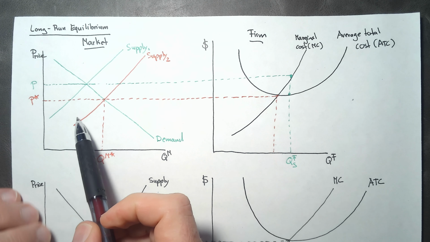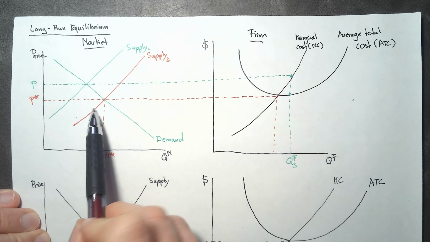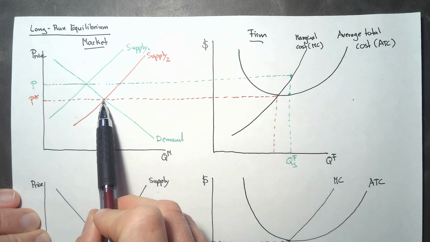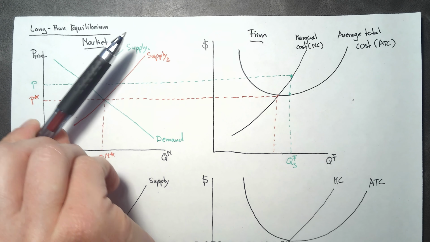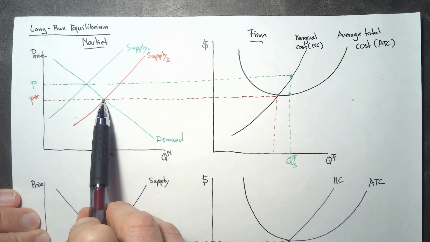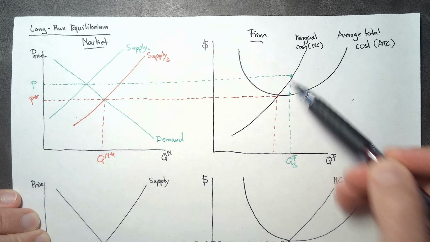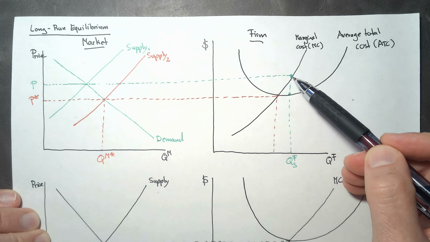So now we have the situation where individual firms enter into the market, shifting the supply function to the right and lowering the price, and they enter as long as there's a positive profit to be made.